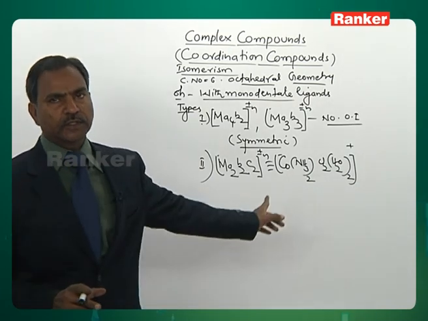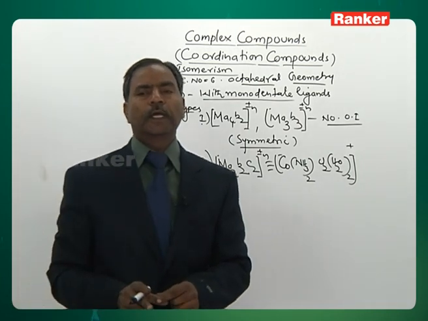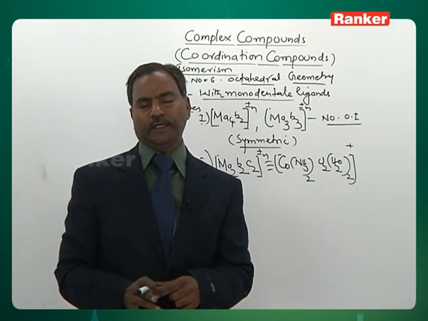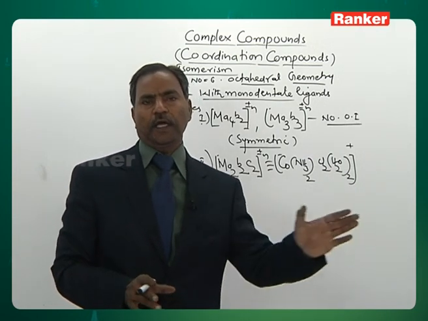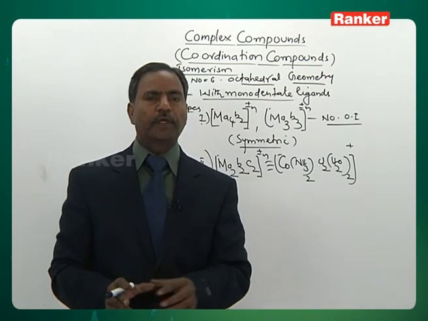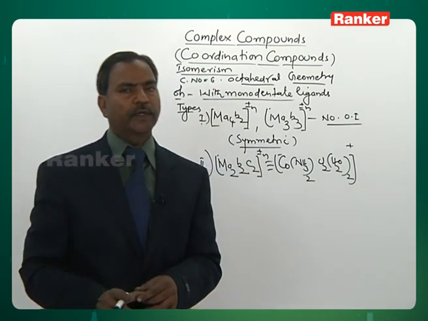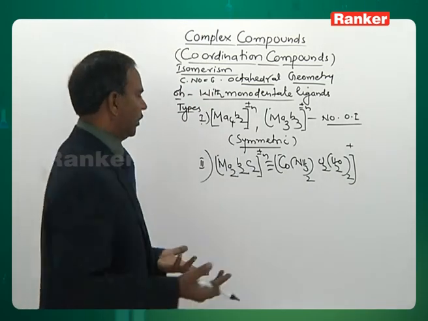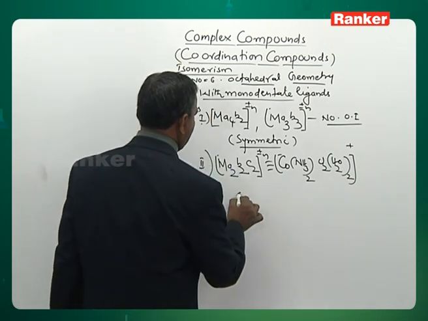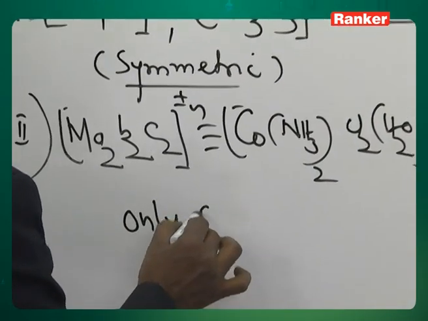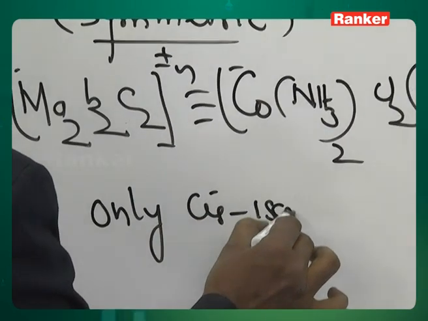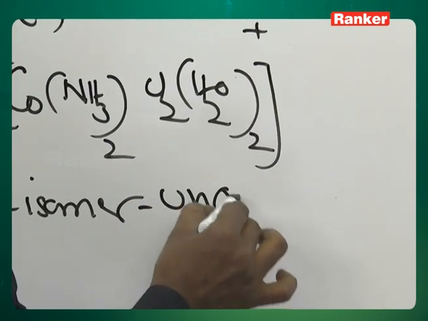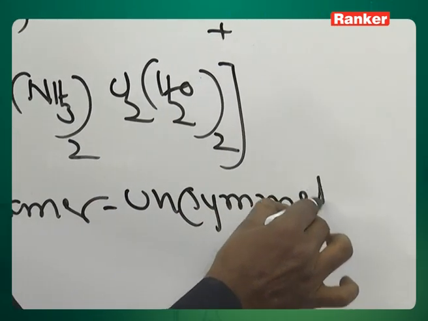Theoretically 5 geometrical isomers are possible, as already given. Out of these 5 geometrical isomers, only 3 are isolated. Among these 5 isomers, the cis isomer is unsymmetric. I will write the cis isomer and show how it is optically active. Only the cis isomer is found to be unsymmetric.